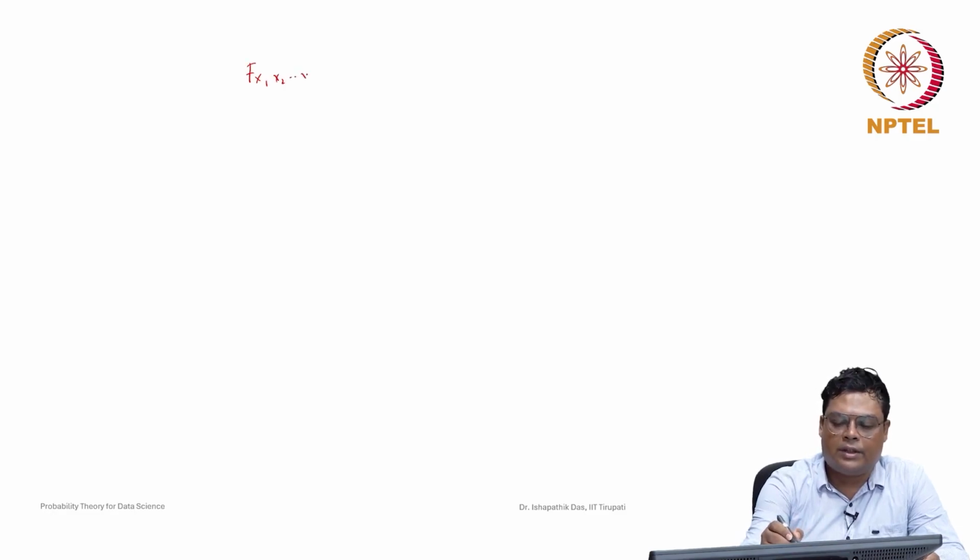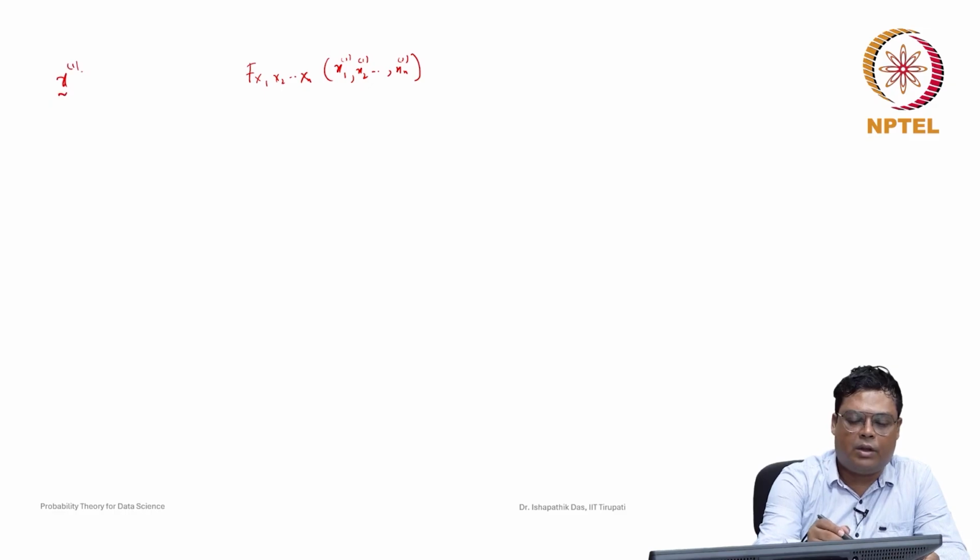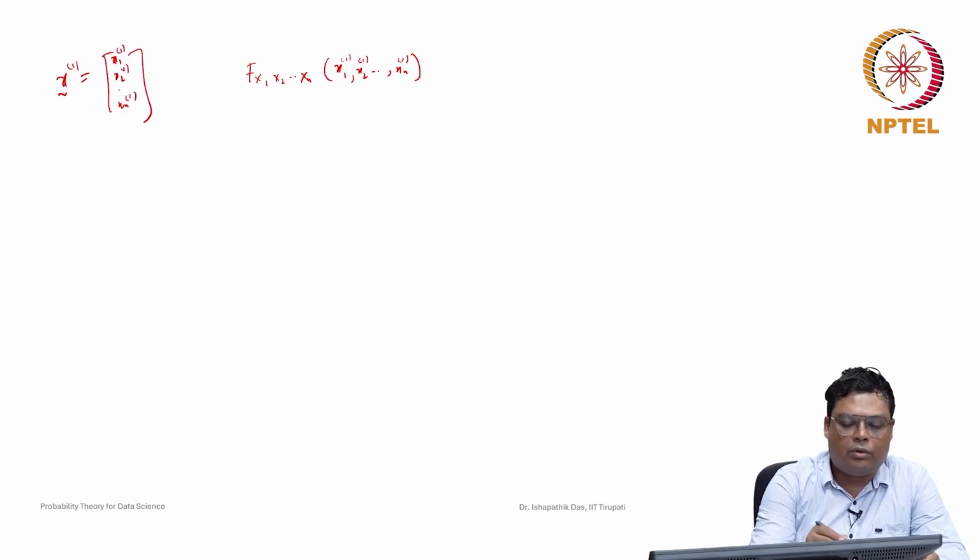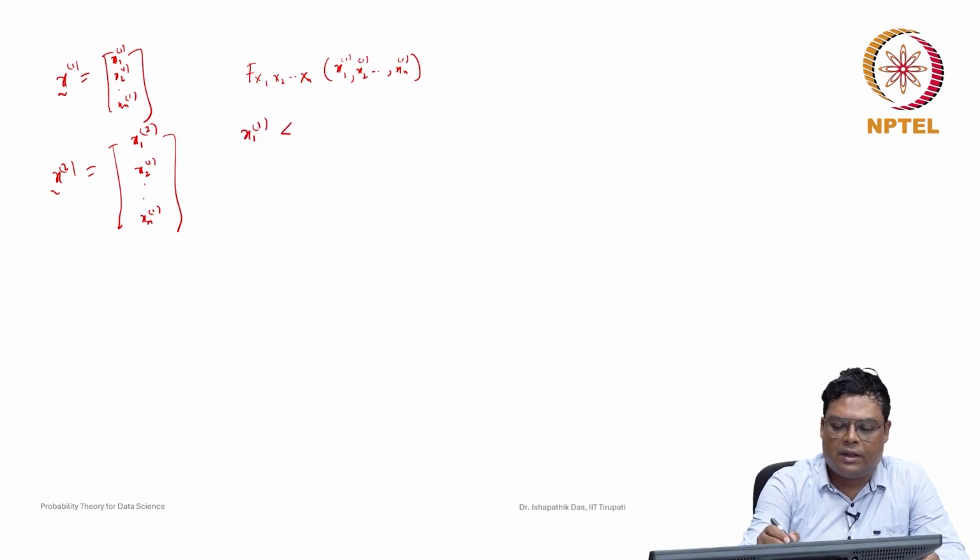Suppose we take a vector (x1, x2, ..., xn), similar to the bivariate case, and another vector where the other coordinates are fixed as they are, x2 fixed, then xn also fixed, and only the x1 variable is changed, such that x1^(1) is less than x1^(2).